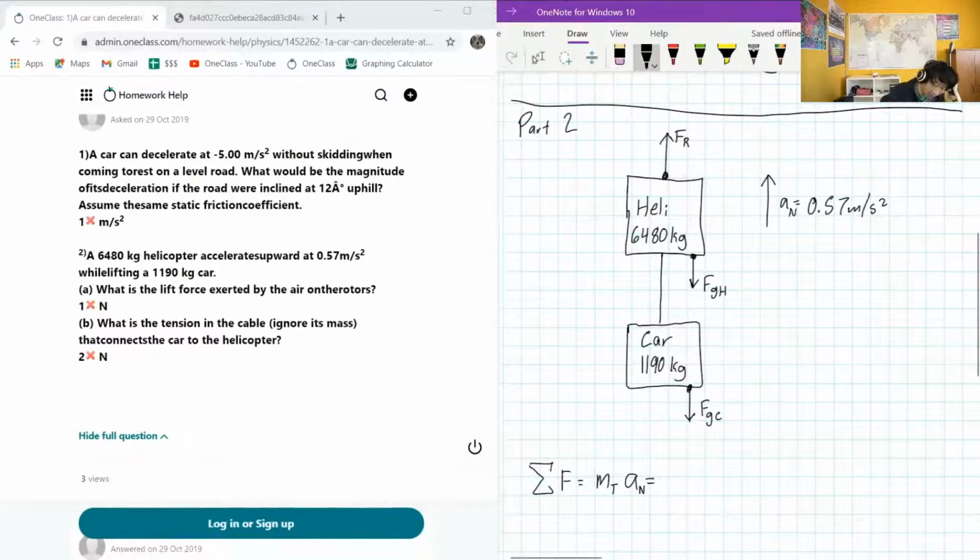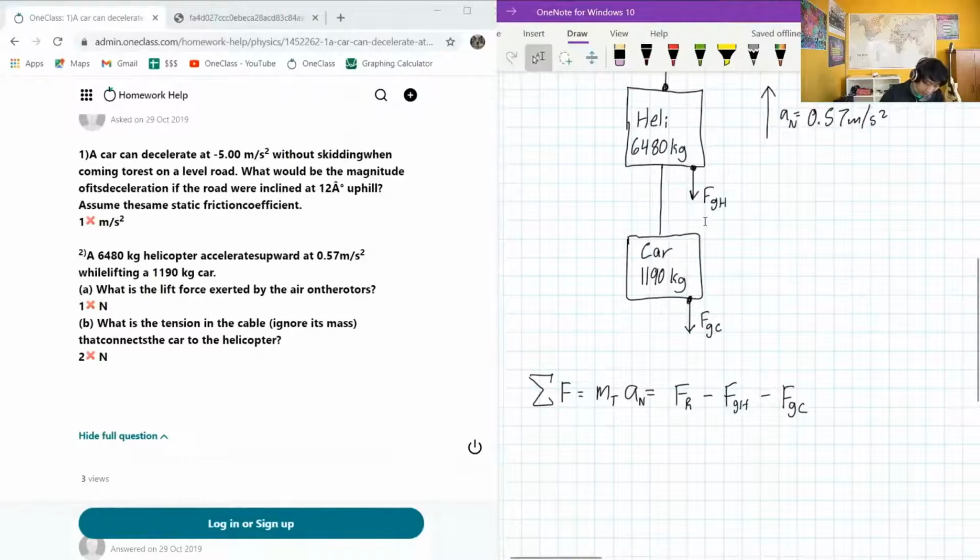And this is the result of FR, the rotor force, minus FGH, the gravitational force of the helicopter, minus the gravitational force of the car. Given this, we want to isolate the rotor force. To do that, we just send FGH and FGC to the other side.